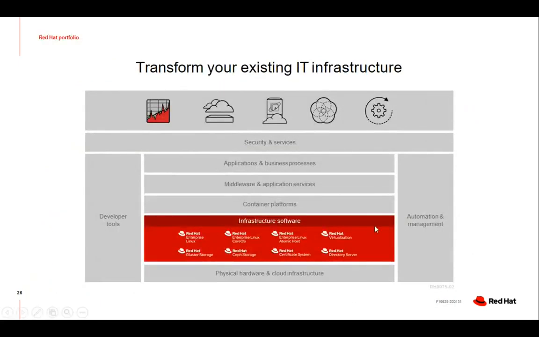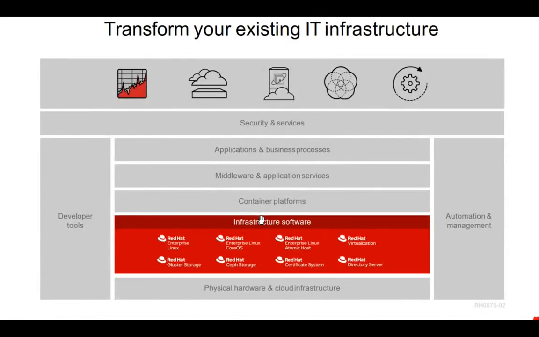Let's look at the portfolio right from the bare metal layer. Red Hat has to offer infrastructure software starting from Red Hat Enterprise Linux. Red Hat Enterprise Linux has the latest release 8.1, which has already the container capabilities.